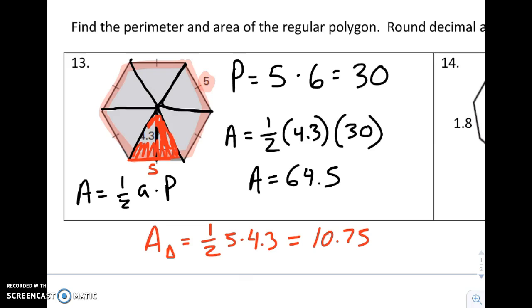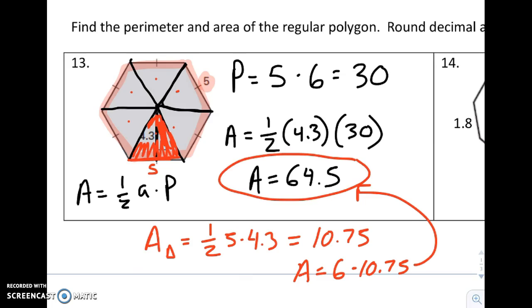Now, how many triangles will there be? 1, 2, 3, 4, 5, 6. 6 triangles all the way around. So we would take this number, and the final area would be 6 times 10.75. And that'll put us right back at our answer. So kind of two methods. Certainly the formula is easier, but if you ever are without the formula, you can always break this into triangles.